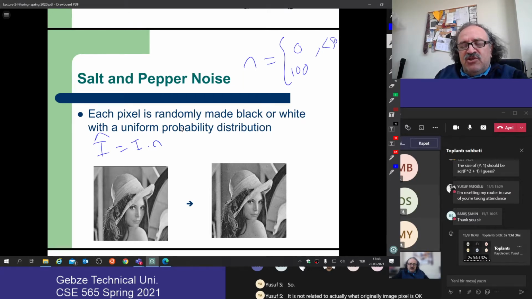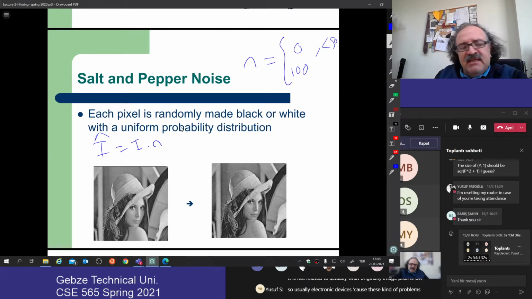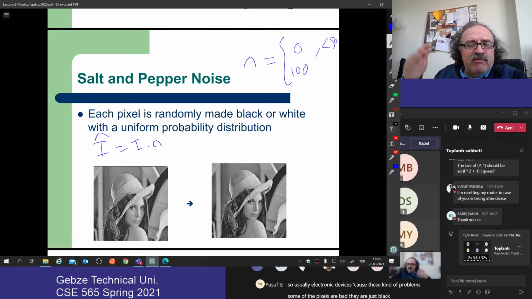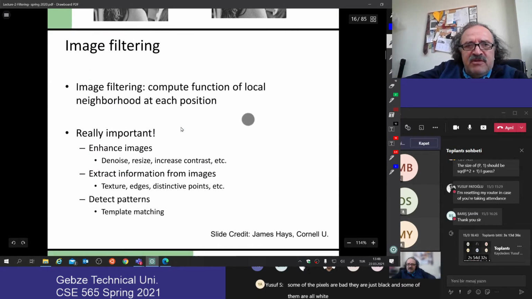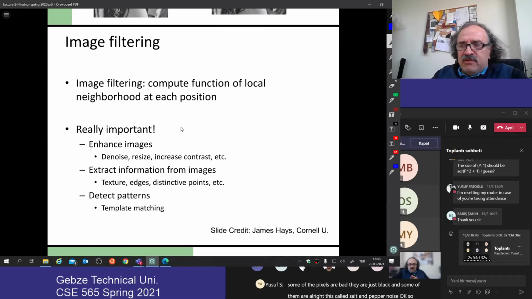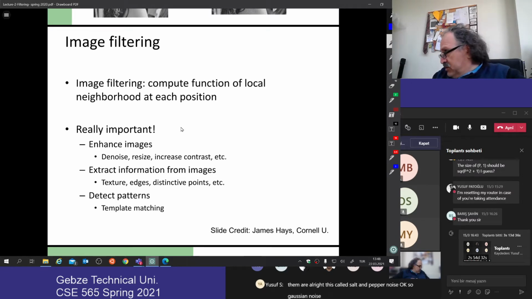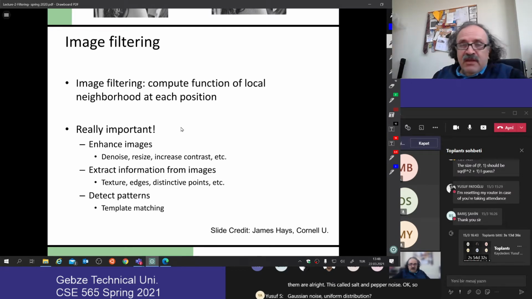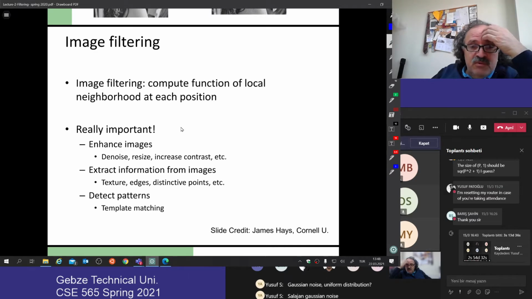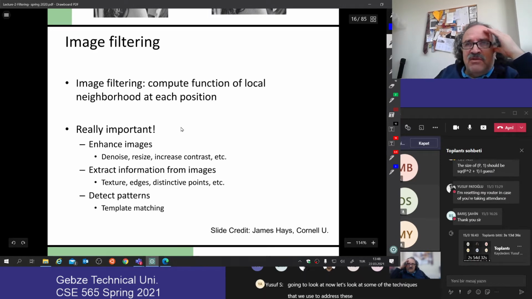Electronic devices usually cause these kinds of problems. Some of the pixels are bad, they are just black, and some of them are all white. This is called salt and pepper noise. So Gaussian noise, uniform noise, and salt and pepper noise are the three noise types we are going to look at. Let's look at some of the techniques we use to address this noise issue.